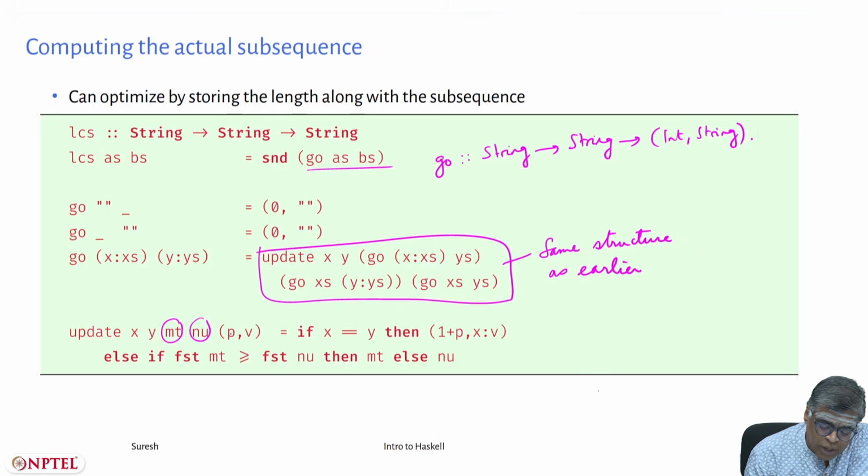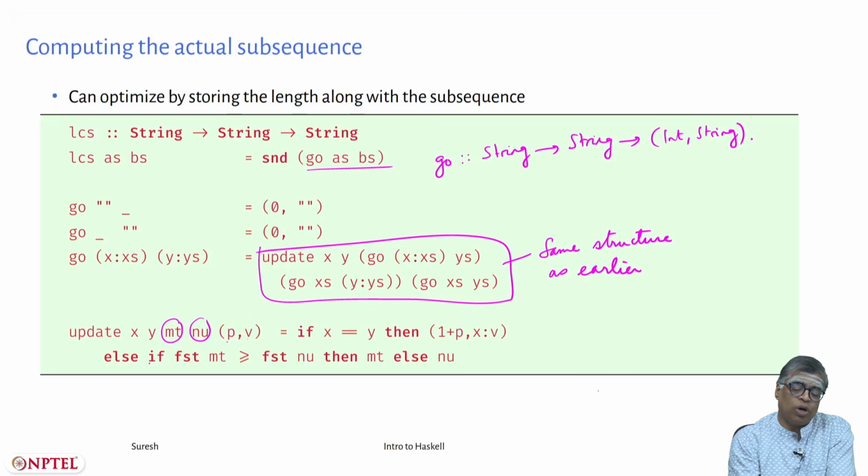And I have p comma v, p is a number and v is a string. So, if x is equal to y, then I do 1 plus p comma x colon v, else if first of mt is greater than or equal to first of nu, then mt else nu.